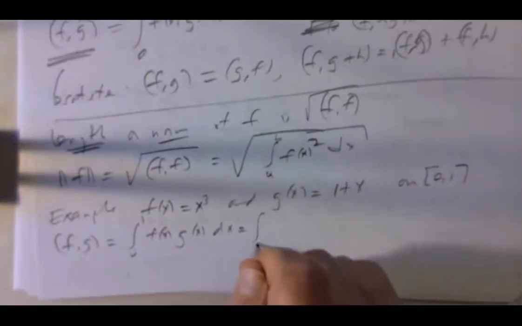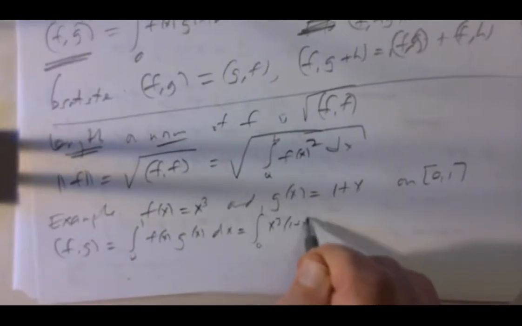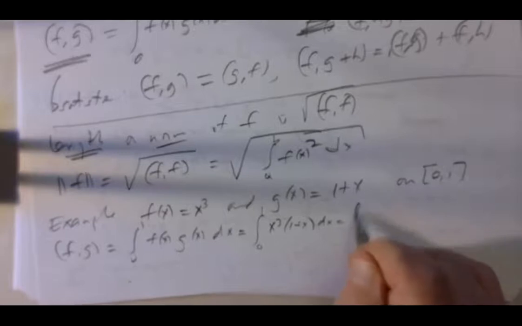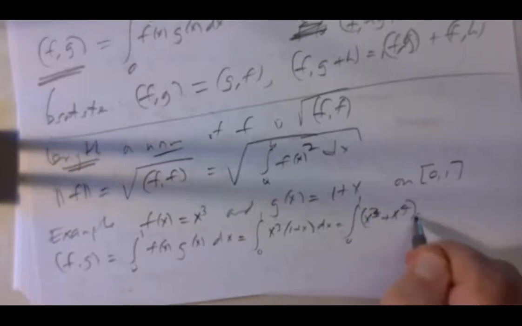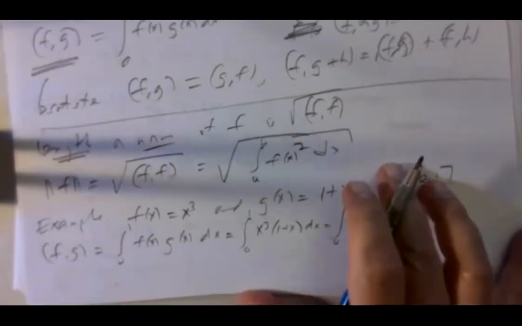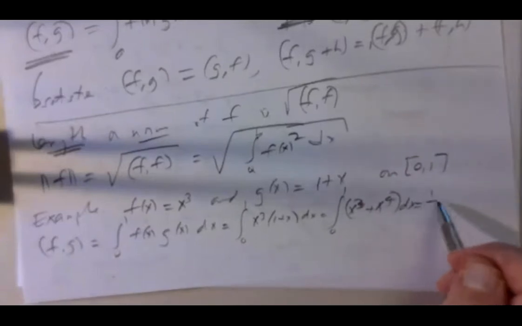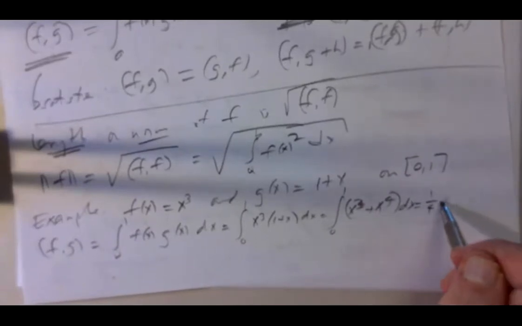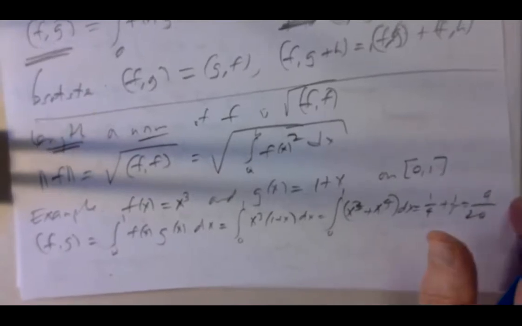That's the integral from 0 to 1 of x cubed times 1 plus x, which is the integral from 0 to 1 of x cubed plus x to the 4th. And if you do the integral, x cubed gives x to the 4th over 4, x to the 4th gives x to the 5th over 5. You add them up, you get 9 over 20.